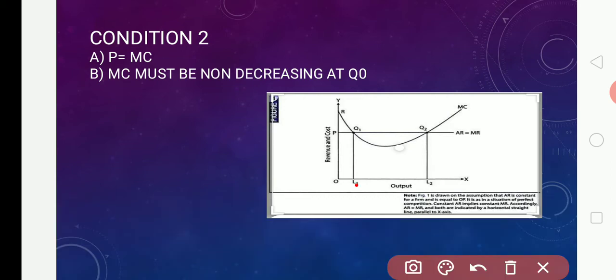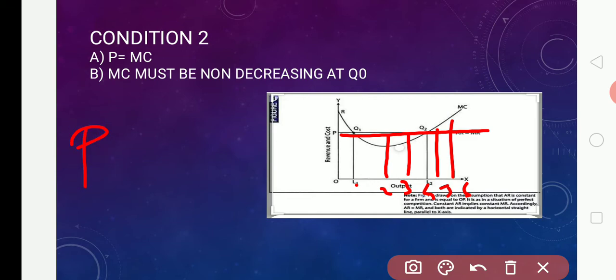So Q1, this is 2, 3, 4, 5, 6. Two more lines I'll draw here. This is how the diagram will be. Now understand the point well. This horizontal line is, as I told you, the price line, average revenue line and marginal revenue line.